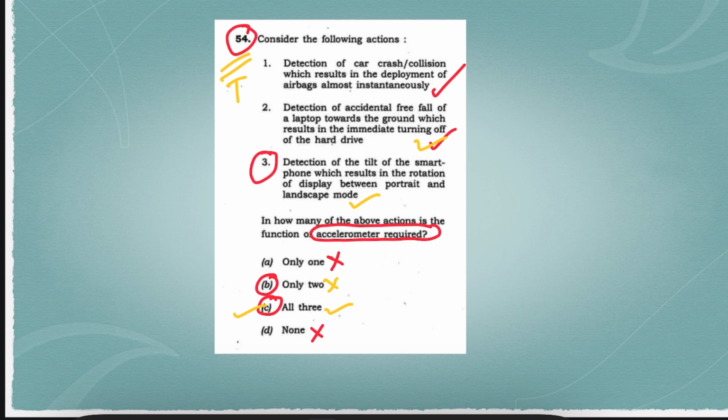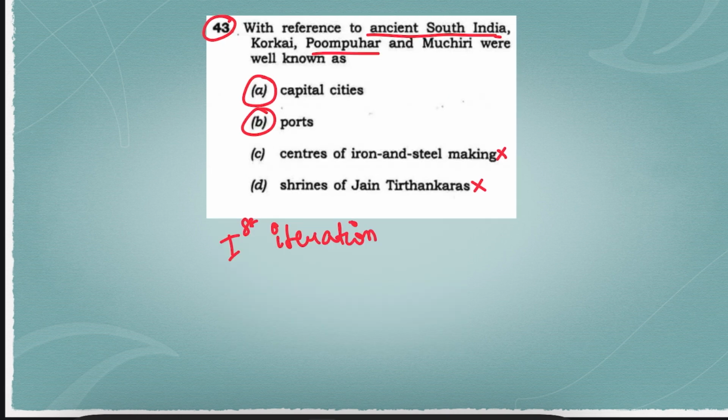Similarly, here is another question which goes as, with reference to ancient South India, Kokarai, Pompuha, Muchiri, which were well known as. Now based on the options, I am inclined to go with option A and B, because first the question is talking about ancient South India.